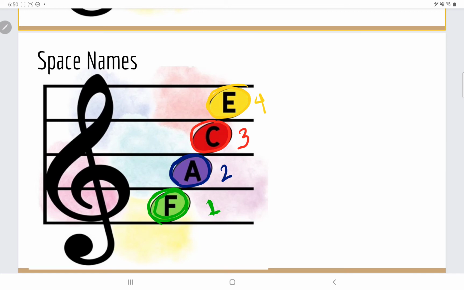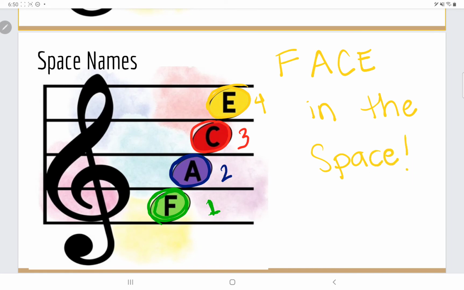So our space names spell out the word face. So what we like to say is face in the space. We like to use this sentence instead of a silly sentence because it's easy, because it rhymes.